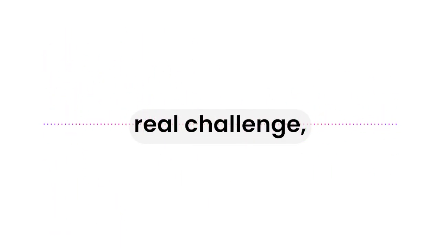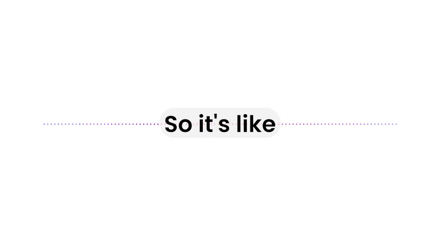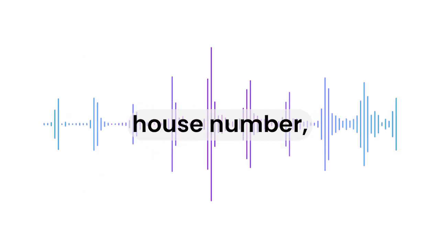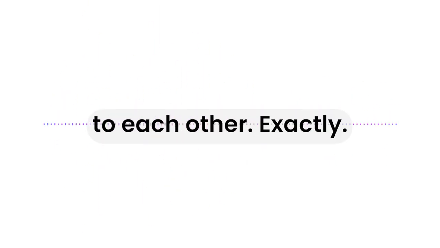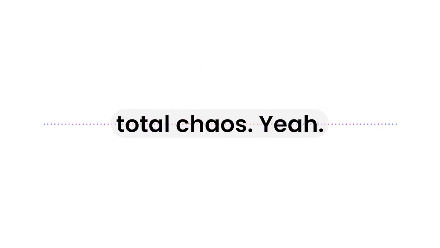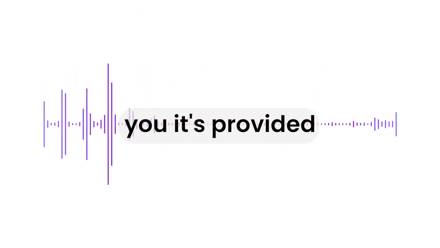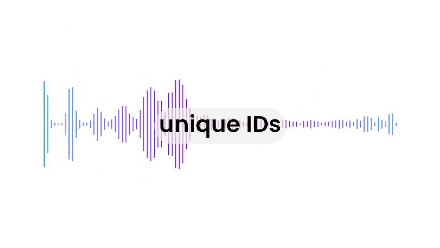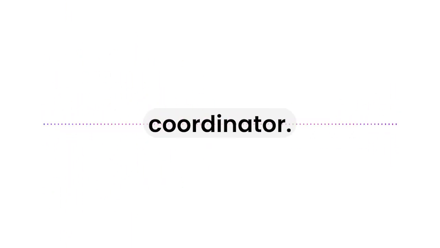That was a real challenge before UUIDs. So it's like every computer is trying to come up with a unique house number without talking to each other. Exactly. It would be a mess. Total chaos. UUIDs provided a way to generate unique IDs anywhere, anytime, without needing any kind of central coordinator. Makes sense.